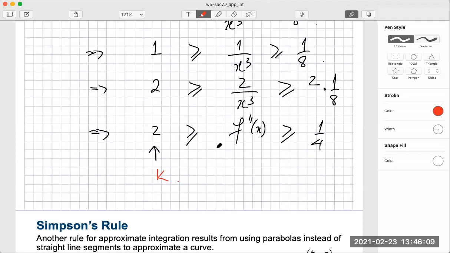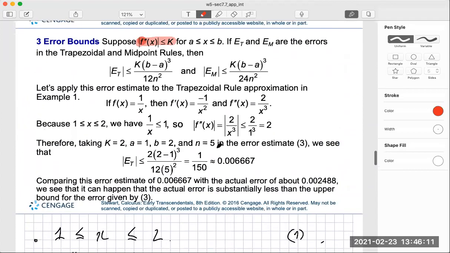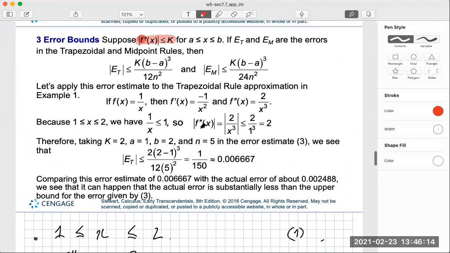Then let us go back to the slides. Here, we always have that this second derivative is smaller than 2, right? Then applying the error estimation theorem, we know that the error for the trapezoidal rule is always smaller than k, which is this number, times b, which is 2, subtract 1, raised to the power of 3, divided by the number of points.